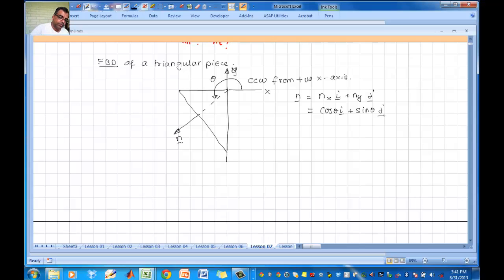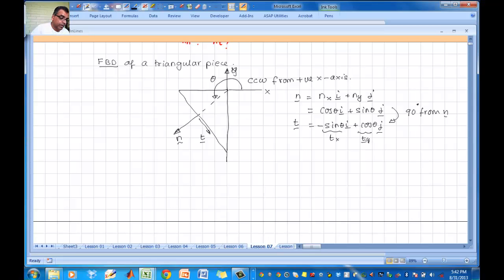So we don't have any problem. t, the tangent to this face, looks like that, and t will look like minus sin theta i plus cos theta j. The reason is that it's 90 degrees from n. That's all. You just do that, you get n and t. So this will be tx, this will be ty.